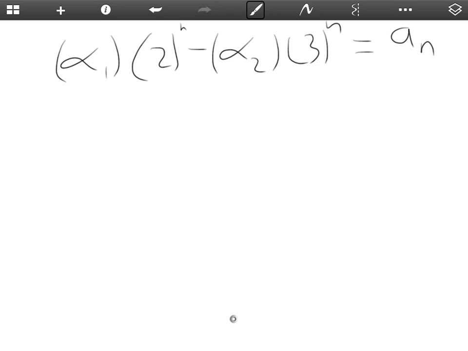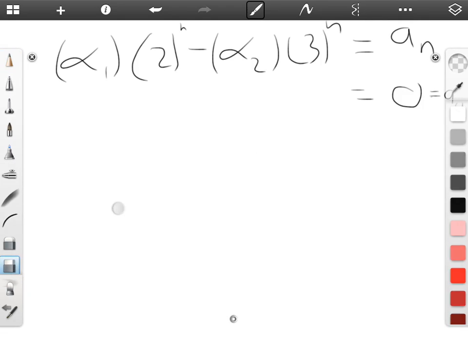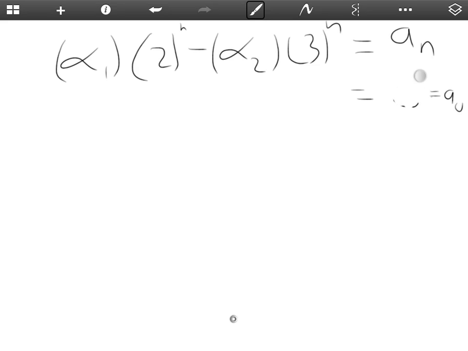And so a0 is 1 and a1 is 0. Let's plug these in. At a0 we get 1, and at a1 we get 0.